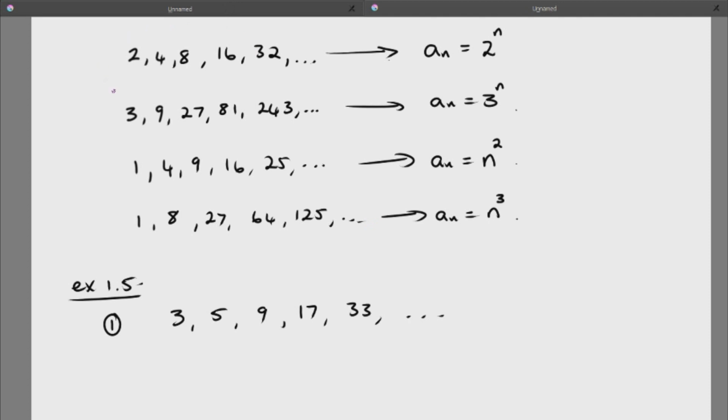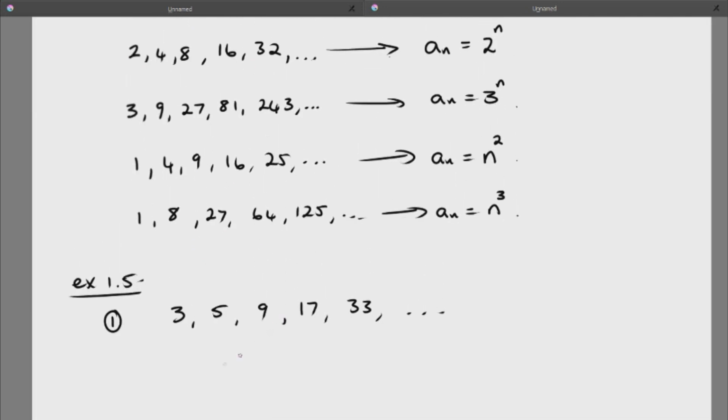Let's build from the powers of 2 to get the sequence. I add 1 every time. So this is 2 to the n here. This is the one I have to remember. And you see I just add 1 every time.